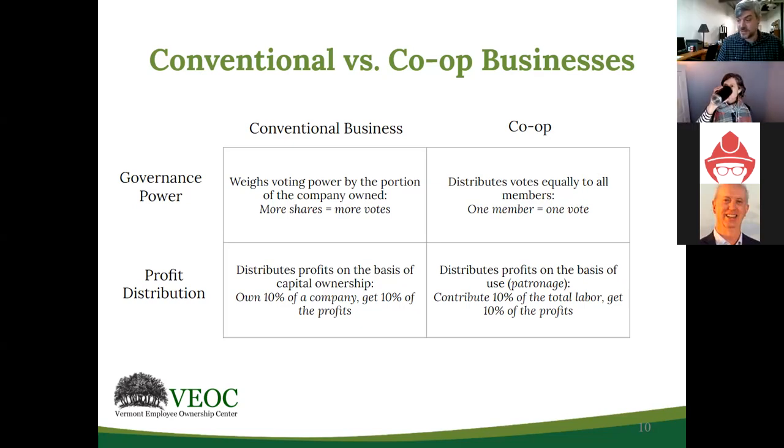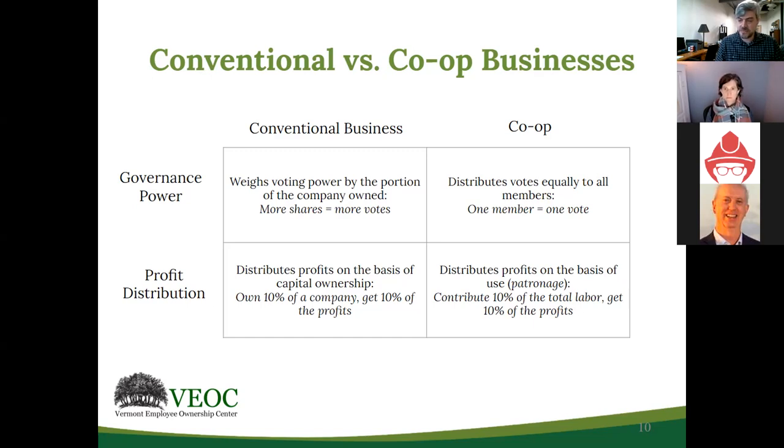So when you're thinking about something like a consumer cooperative, like your food co-op, if there's a profit at the end of the year, it's distributed back to members prorated by how many dollars they spent at the cooperative. For a producer co-op like Cabot, it's how much milk each farmer marketed through the company. And so for a worker co-op, again, it's based on how much labor you contributed.